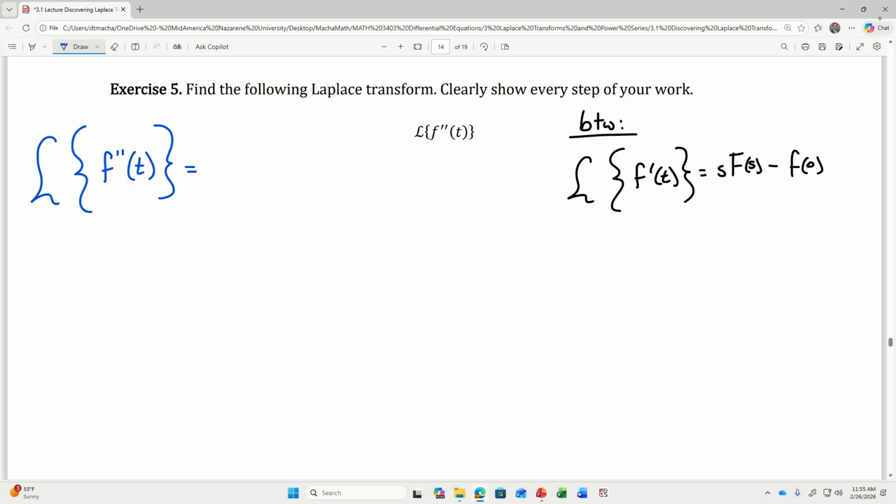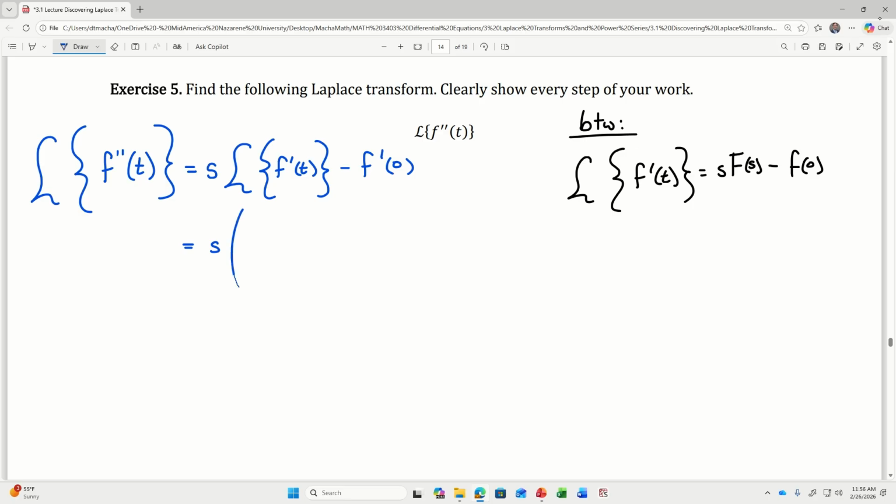And so I can use this rule to write s times the Laplace transform of f prime minus f prime of 0.